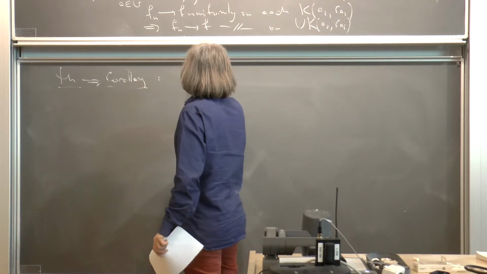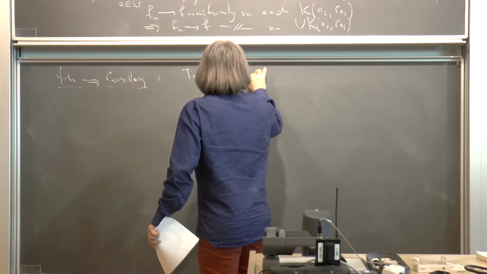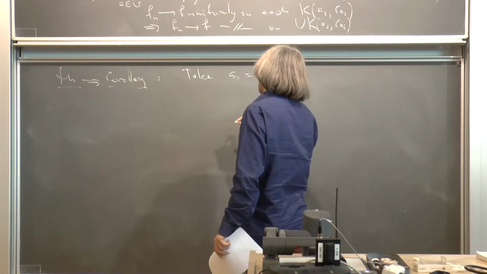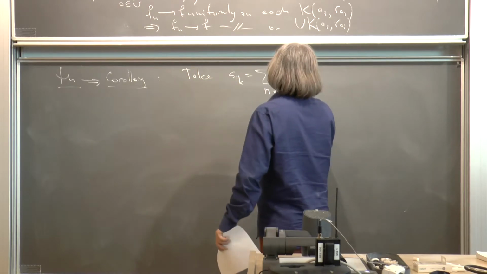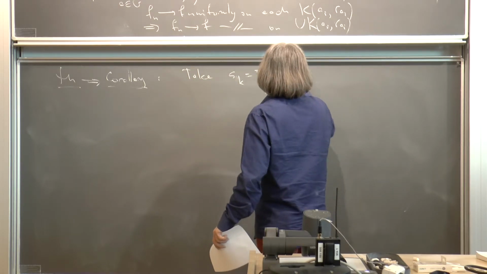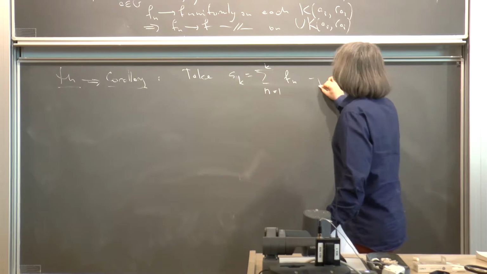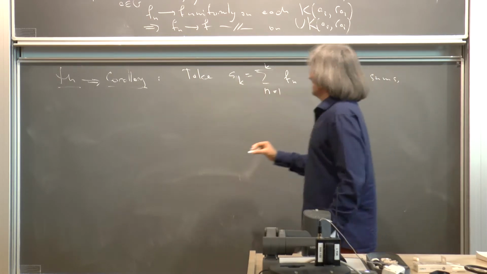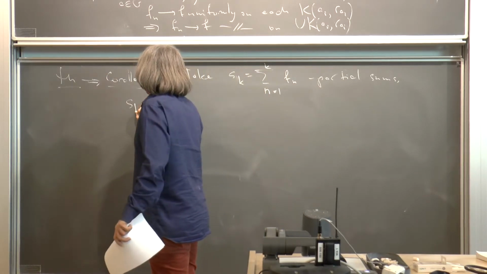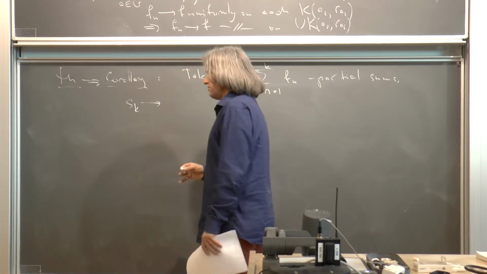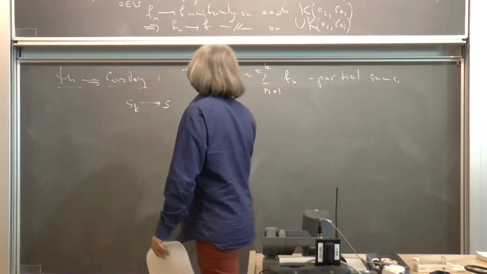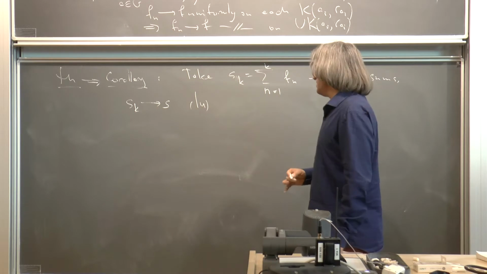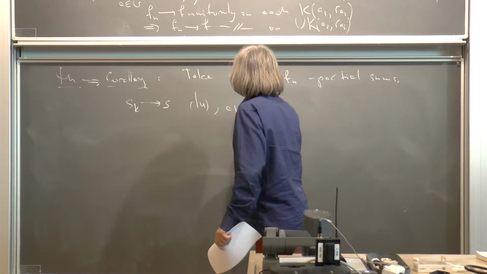So take Sn, the sum of Fk from k up to n, so partial sums. And then this sequence of holomorphic functions converges to S locally uniformly. This is what I meant by the sum of a series. Then apply the theorem.